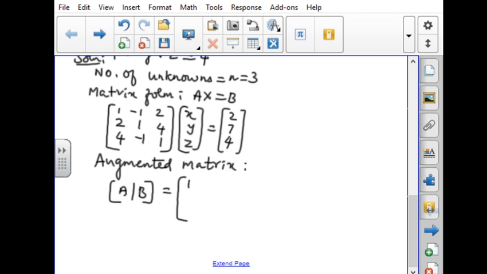So I am going to write 1, minus 1, 2, followed by 2, and then 2, 1, 4, 7, and then 4, minus 1, 1, 4. Now, using elementary transformations, we have to find the rank of A bar B.